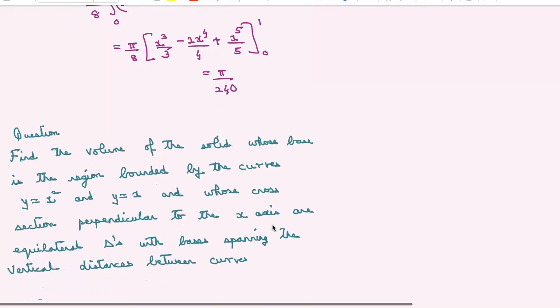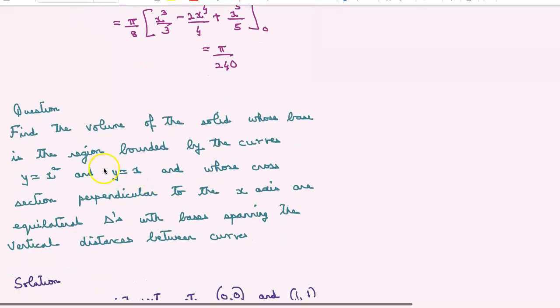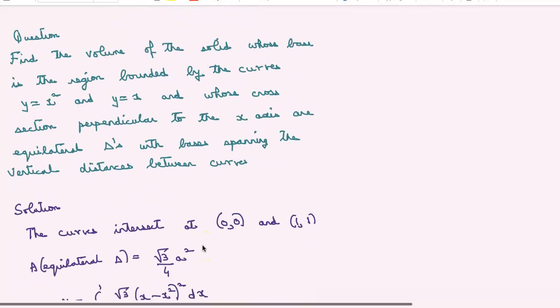Question 3. Find the volume of the solid whose base is the region bounded by the curves y equal to x squared and y equal to x and whose cross sections perpendicular to the x-axis are equilateral triangles with bases spanning the vertical distance between the curves. So again, as we explained in the earlier problem, the curves intersect at (0, 0) and (1, 1).